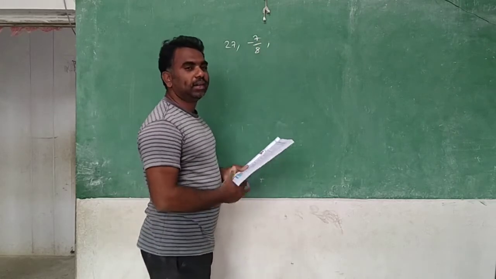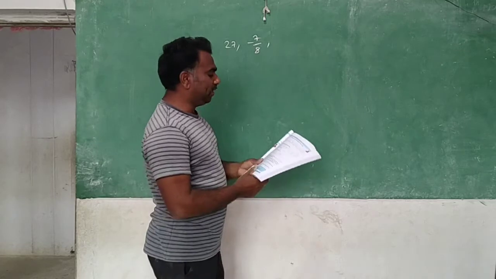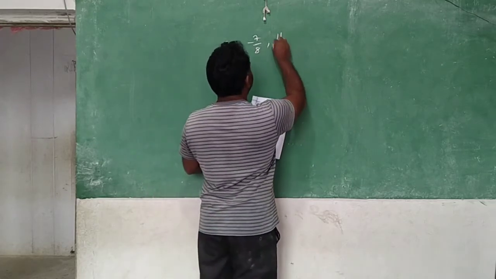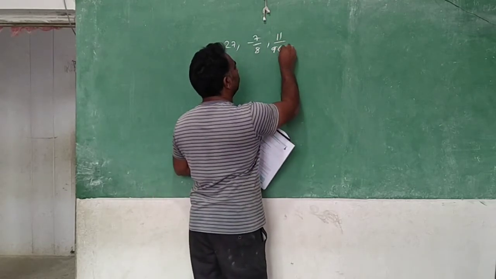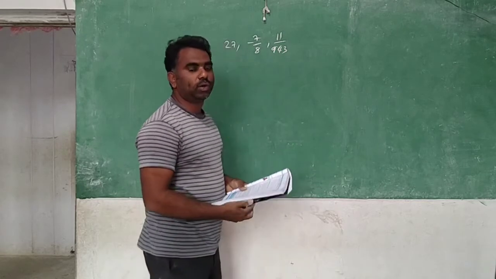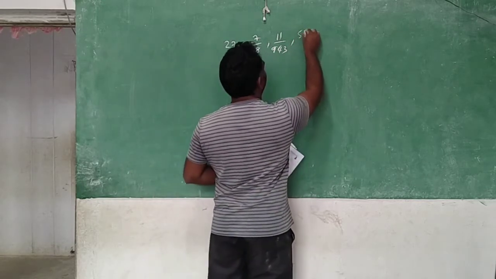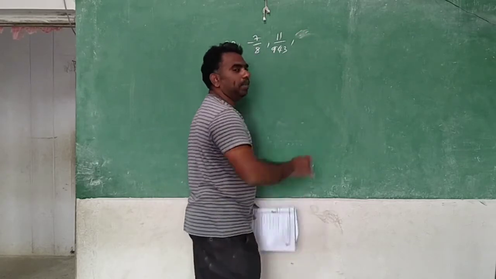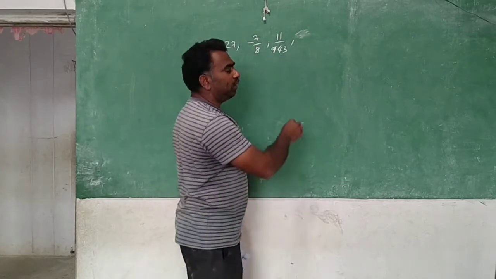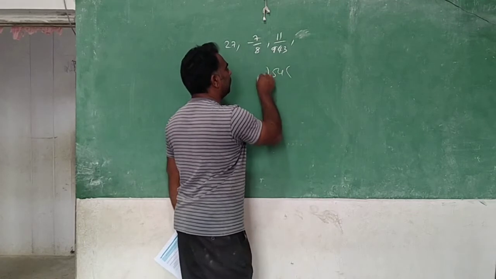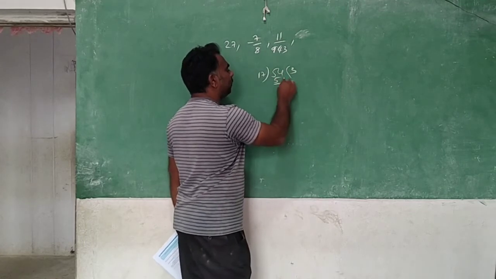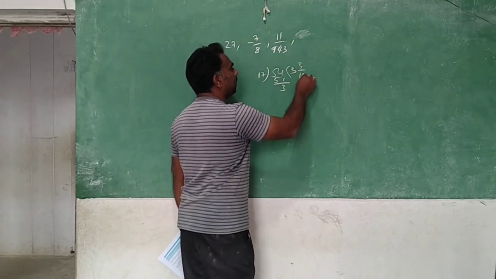Don't convert, it is proper only. Next number 11 by 943. This is also proper, no need to convert. Next number 54 by 17, but it is improper. So convert that: 17 threes are 51, 3 left. So 3 by 17.